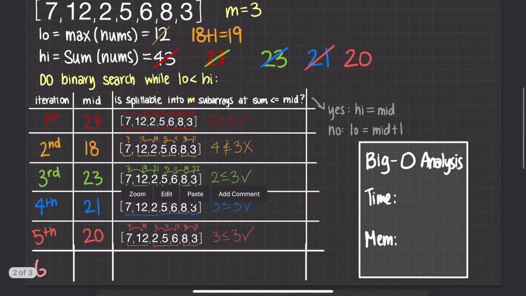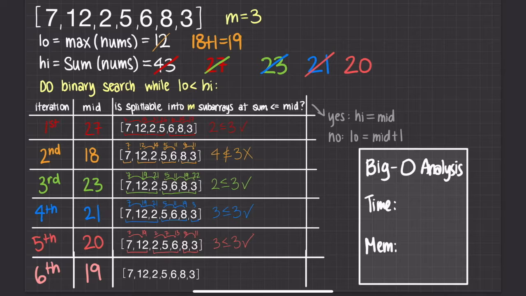For our 6th iteration, our midpoint would be the lower bound, meaning between 19 and 20, our midpoint would be 19. Is our nums array splittable into 3 subarrays at sum is less than or equal to 19? Let's find out. Start here, go to 7, 12, 19, that's 1 subarray. 2, go to 5, gives us 7, go here, gives us 13, can't continue, that's 1 subarray.